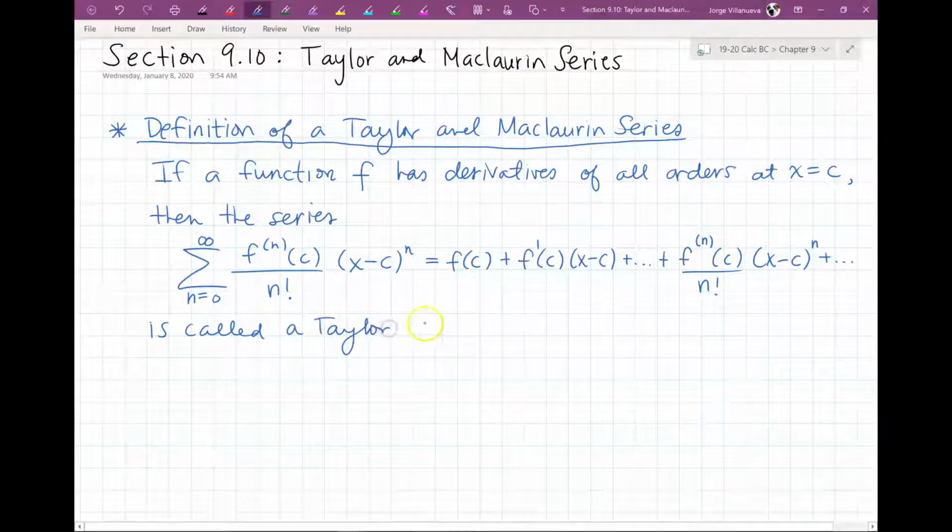So this is called a Taylor series centered at c.